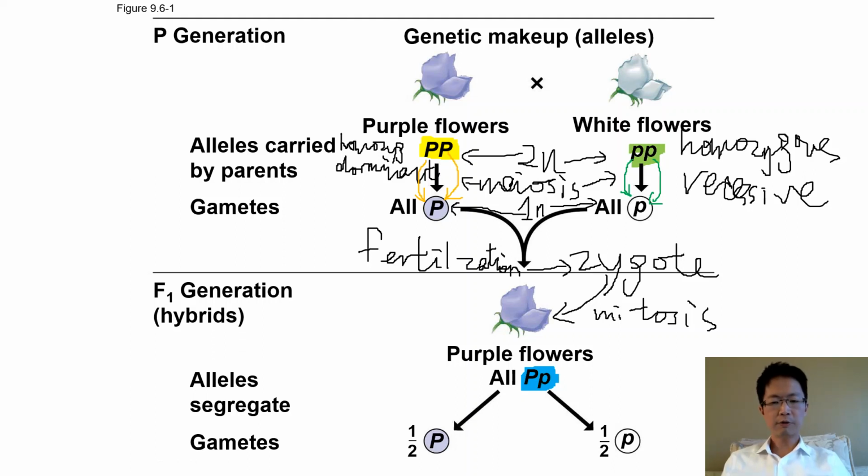The adult plant will go through what? Meiosis. The adult plant will go through meiosis to make the alleles. So it's just like human beings. So as you can see that now you have the differences in here.